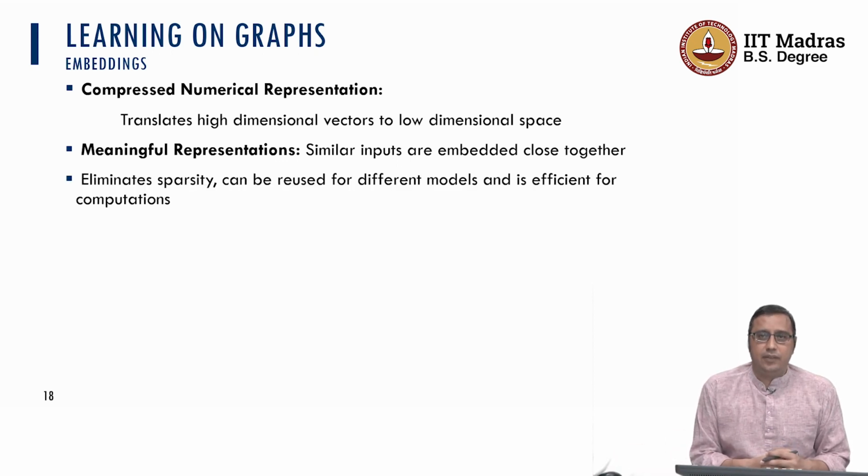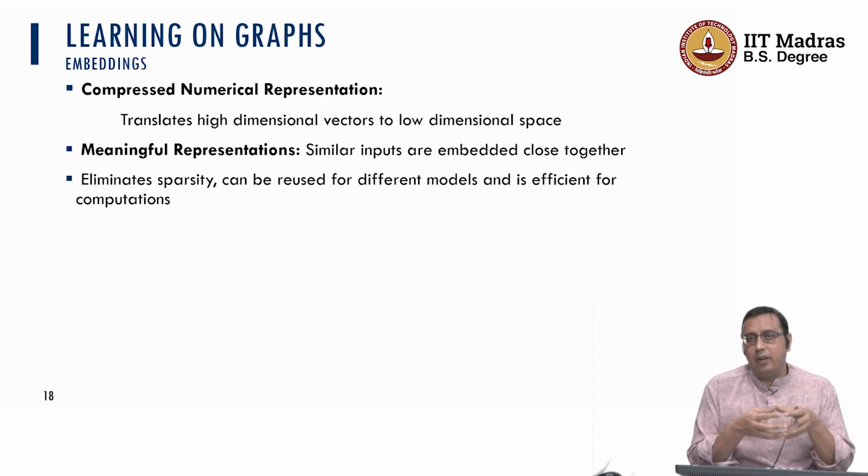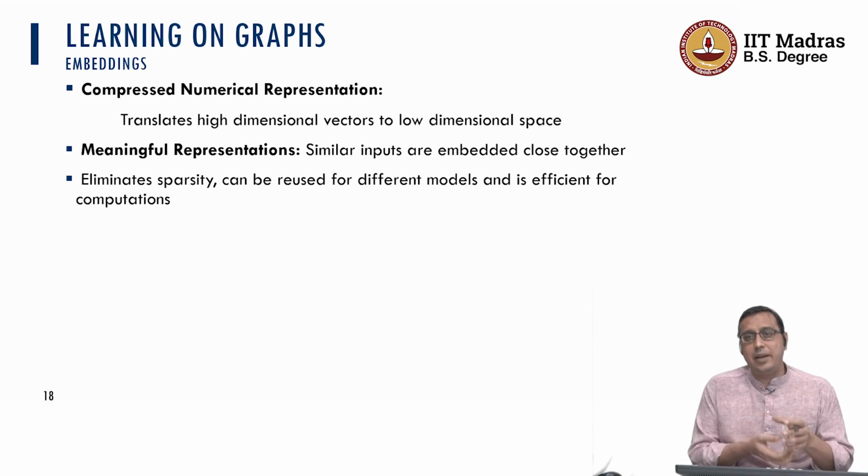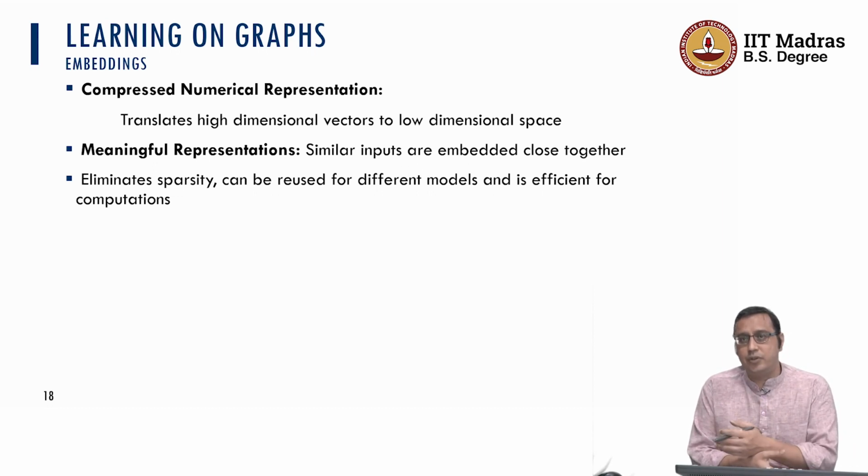Some of the main advantages of embedding or learning features are that it eliminates sparsity. Another main advantage is that we can use different models for the same embedding. We can decouple the task of learning the features from using them for predicting certain labels. In that case, the embedding can be invariant to the model used later on for prediction applications.